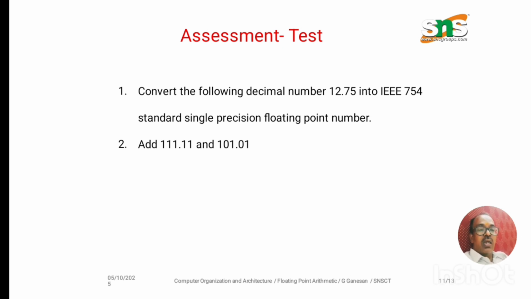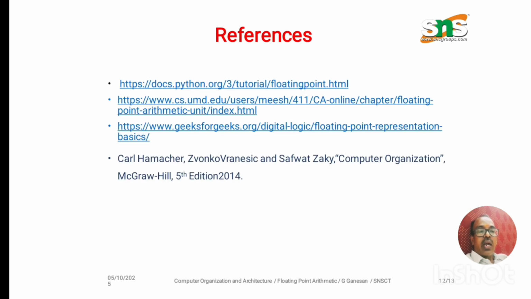Try to convert it into double precision also. Second, add 111.11 and 101.01. This is not a decimal number, think of it as a binary number. Understood? Some reference material is also given. If you need it, you can find the answer there.